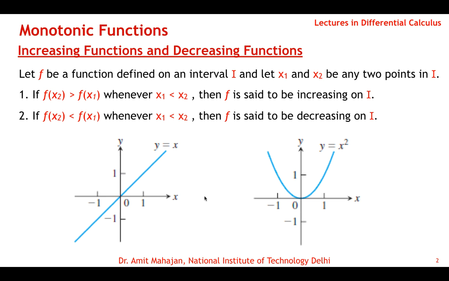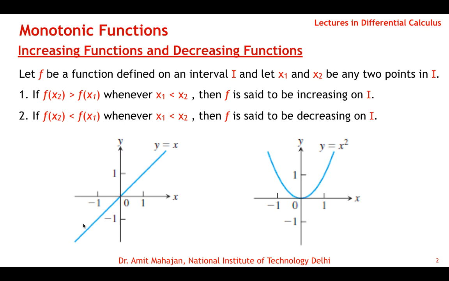Now how we can check this with the help of the derivative, that in which interval the function is decreasing and in which interval the function is increasing. In fact, if you look at the derivative, that means the slopes of the curve, that gives us the nature of the function, whether it is increasing or decreasing.